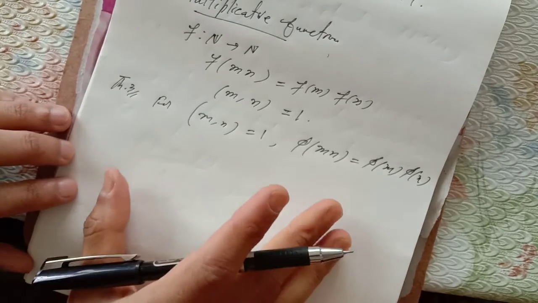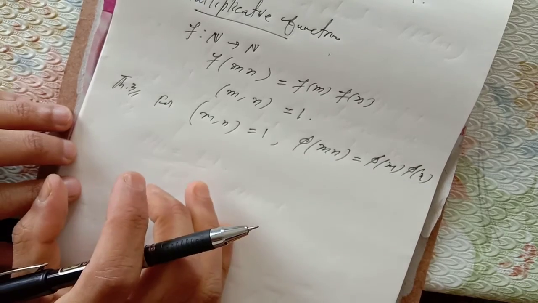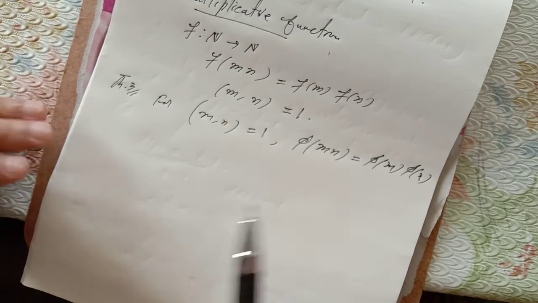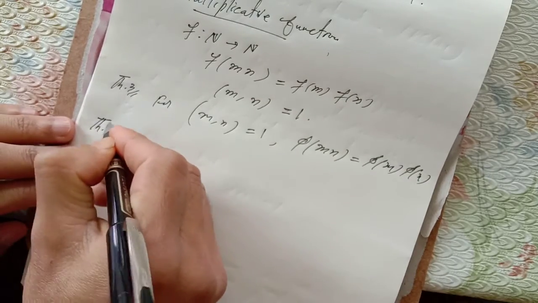So now using all these results, we will be able to find the value of phi for any general value n. So this is theorem 4.